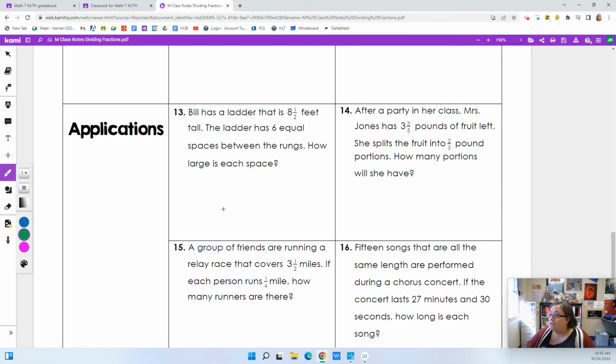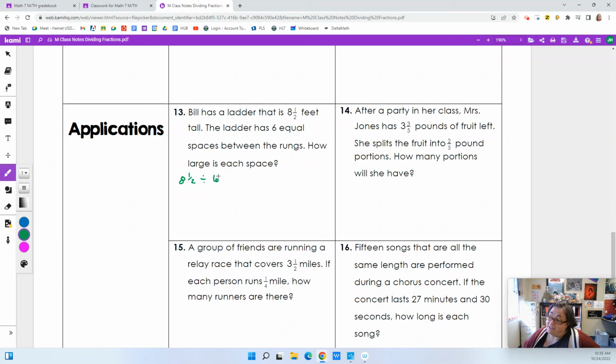How large is each space? Well, think about that. That would be 8.5 divided by 6. So are we gonna have a positive answer because they're both positive? Yes, definitely a positive answer.